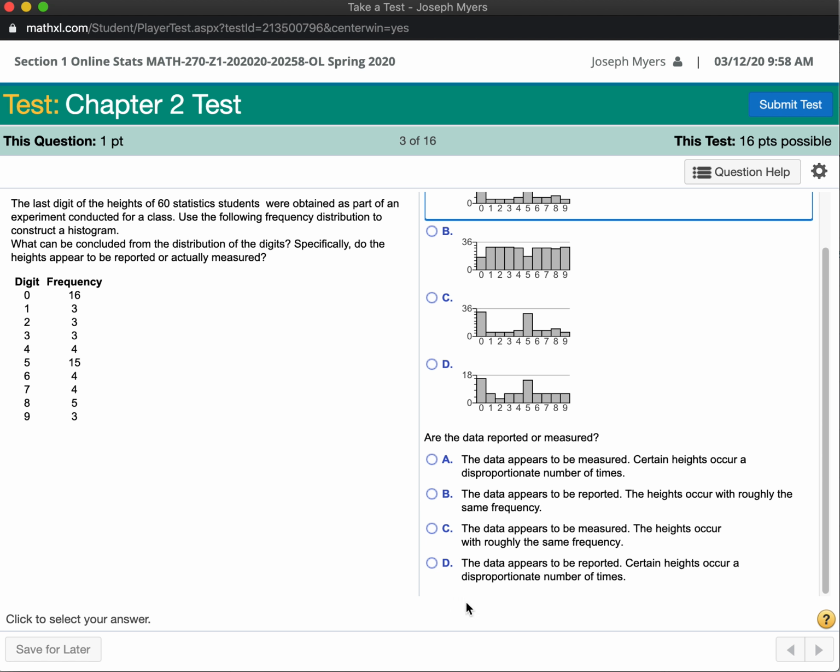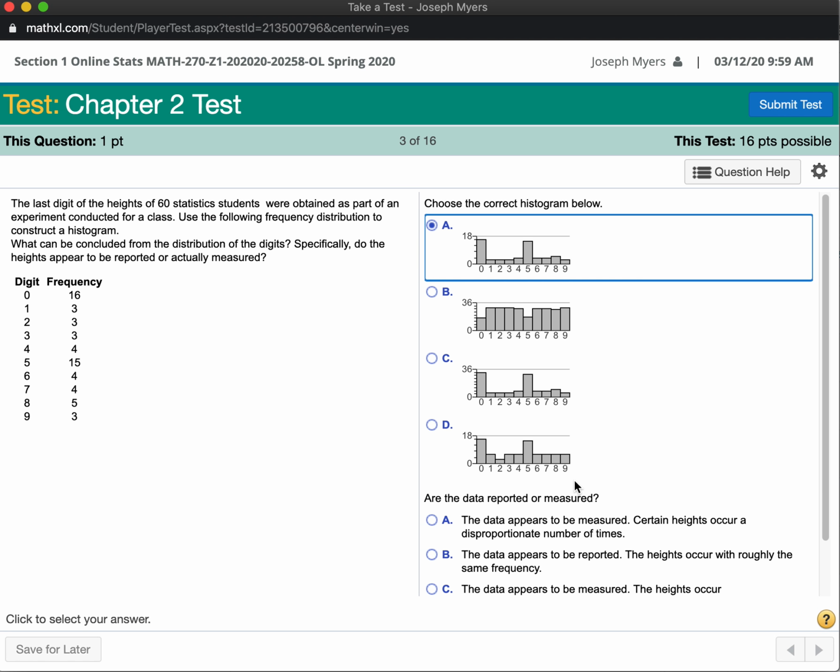Are the data reported or measured? It seems like they're probably reported, and the reason for that is, why are there so many people whose height is exactly 5'0" or 6'0", or let's say 5'5" or 6'5"?